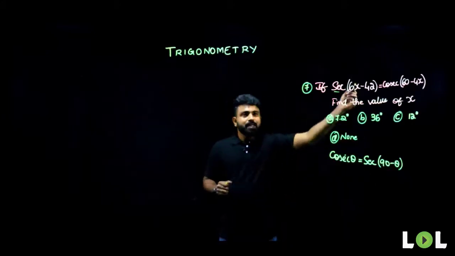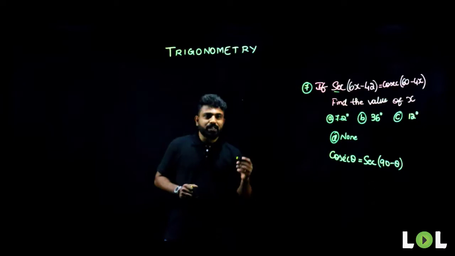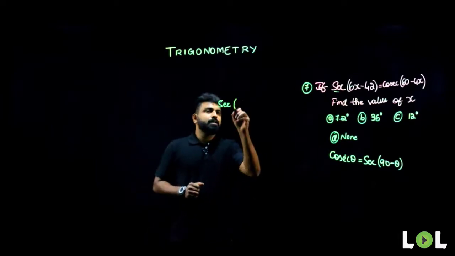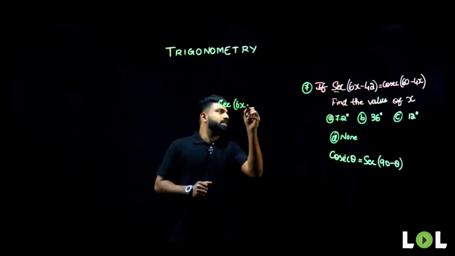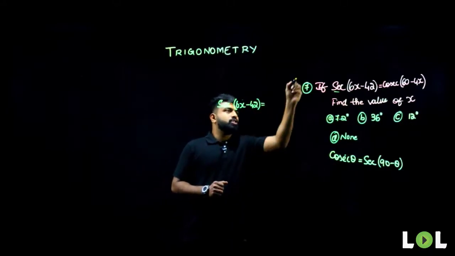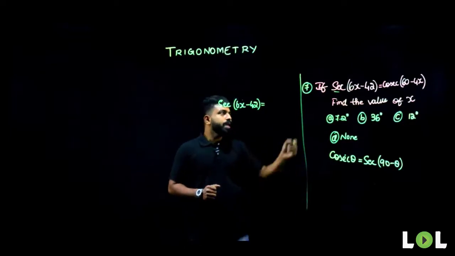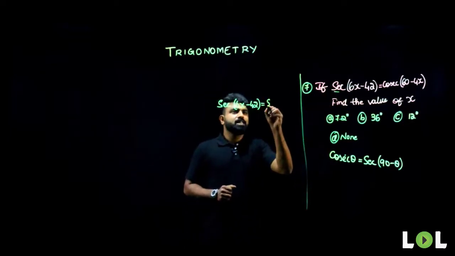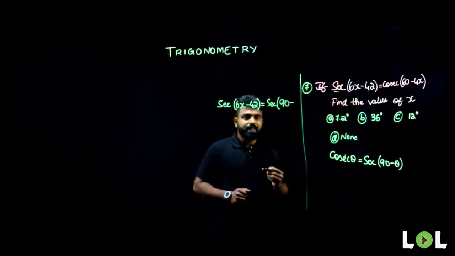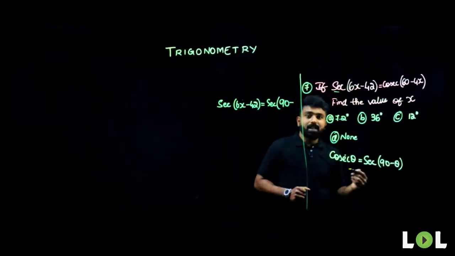So how can I write this equation? I can write this equation as secant of 6x minus 42 equals, instead of taking cosecant, I'll take it as secant of 90 minus theta. So here, what is the value of theta that I need to consider?